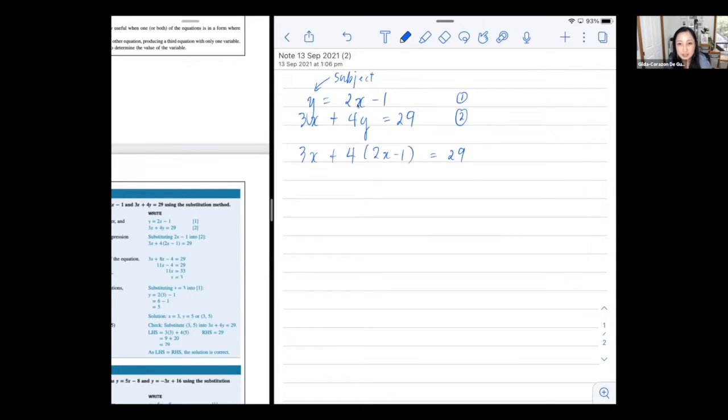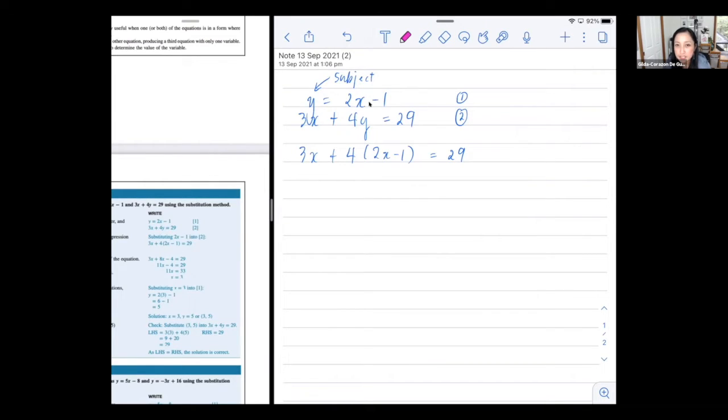Does that make sense? So it's substituting y with 2x minus 1. We can now simplify this side so that we would be able to figure out what the value of x is here, right? Now, have a look at firstly your equations.